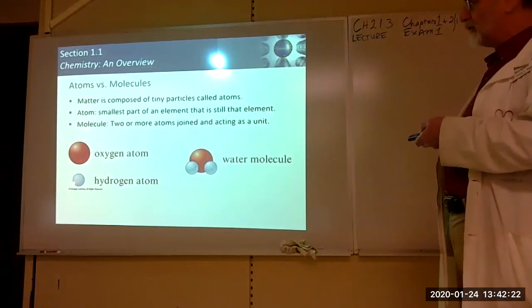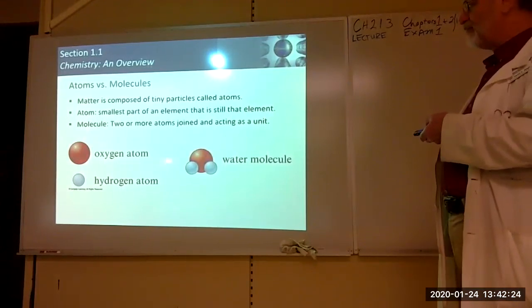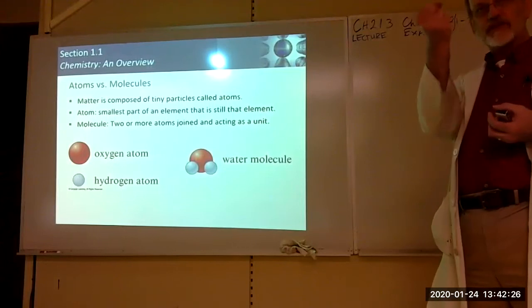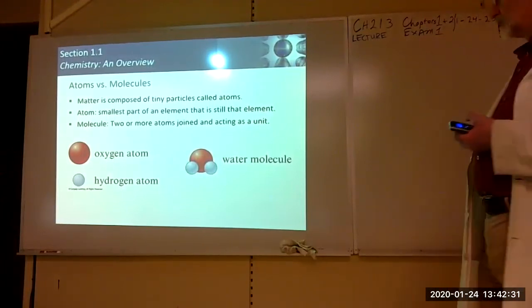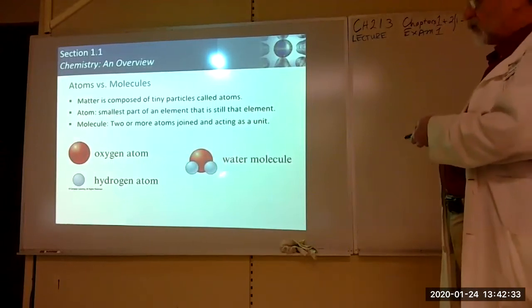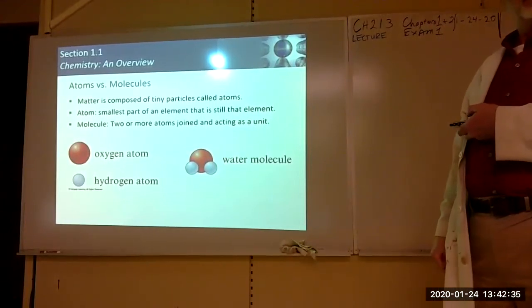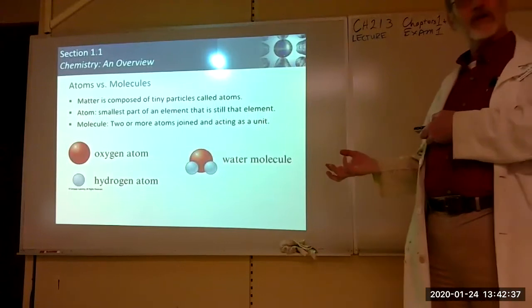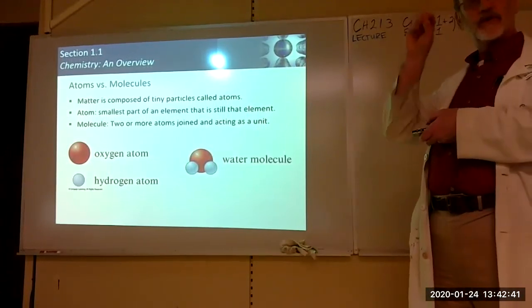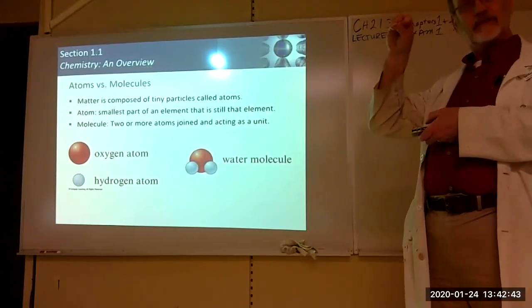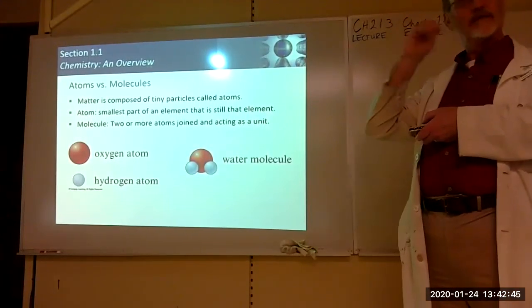If you have two or more different atoms bound together, behaving as a single unit, we call that a molecule. Well, actually, if they're different, we call it a compound. If they're the same, they could still be a molecule. For instance, if we have two oxygen atoms tied together, or two hydrogen atoms tied together, they're diatomic molecules.